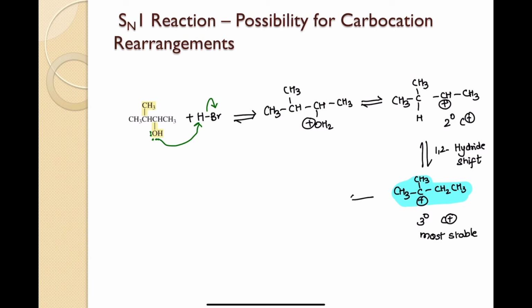And therefore, you get this as your major product when your Br minus will go and attack it. So when the Br minus will go and attack this carbocation, you will be getting this as your major product. And this would be your minor product.